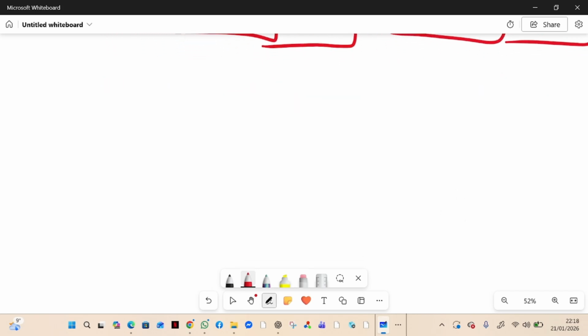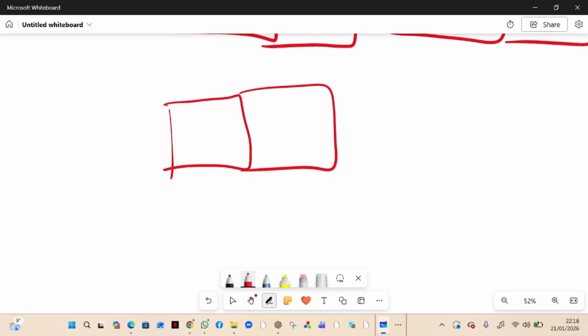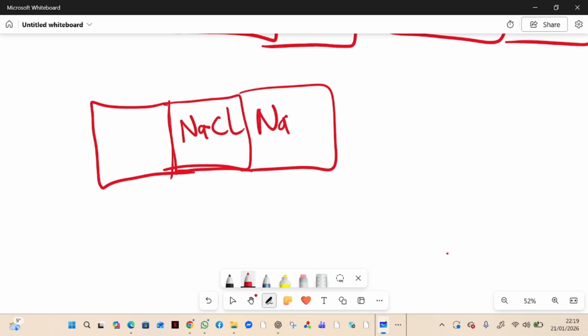Okay. So because of the periodic boundary condition, if you have sodium chloride here, the code is going to replicate it this way. So you're going to have another sodium chloride and another sodium chloride this way.